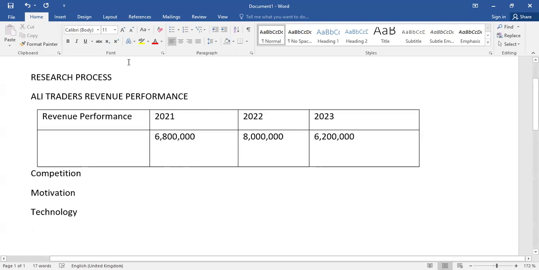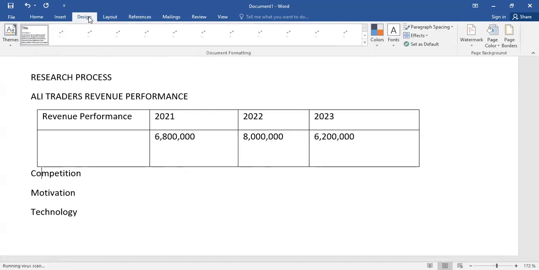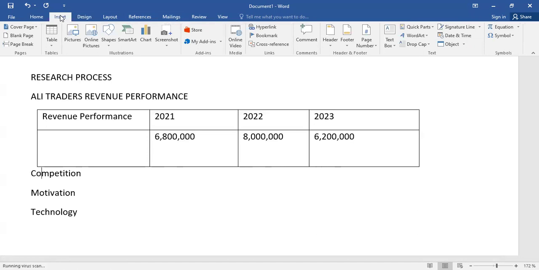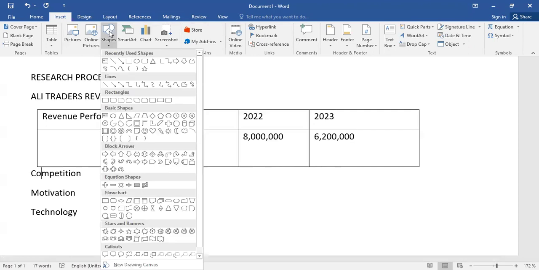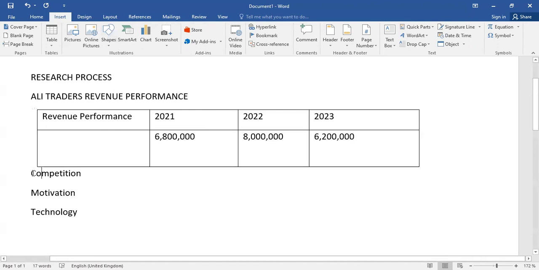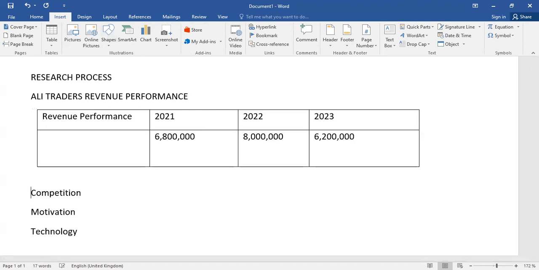Now, I want you guys to see this so that you understand it very well. I show you the independent variables and the dependent variable. Let me slide down so that you see well.